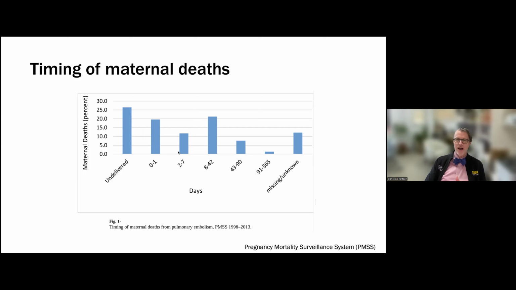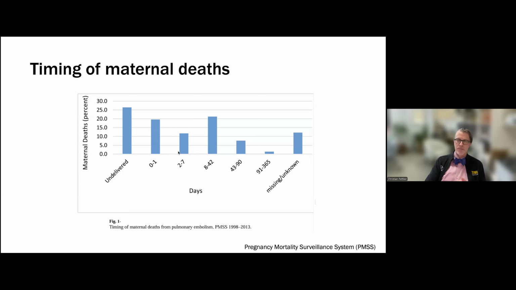So about 25% of maternal deaths due to VTE occur in the antepartum period before somebody's delivered. Then it's about 20% occurring in the first day after delivery. And that's probably a high proportion of cesareans done during the period of death, like a perimortem cesarean.